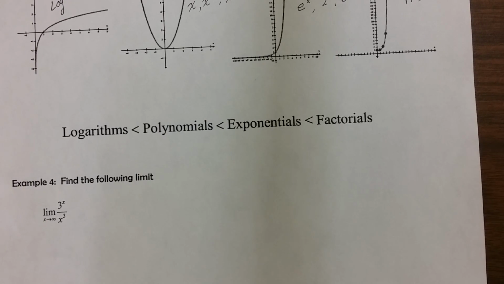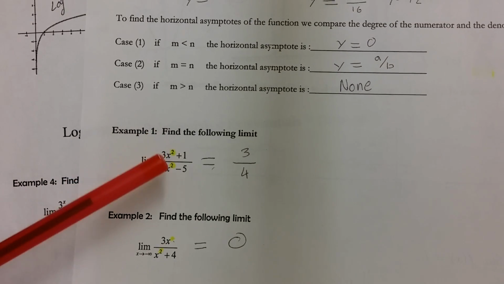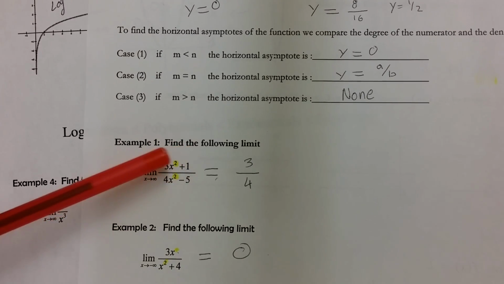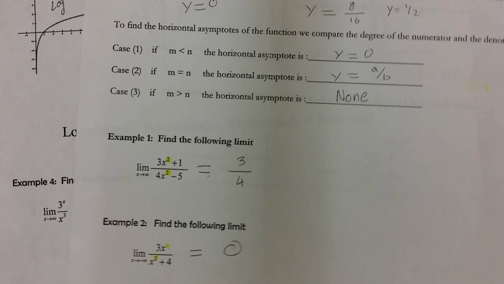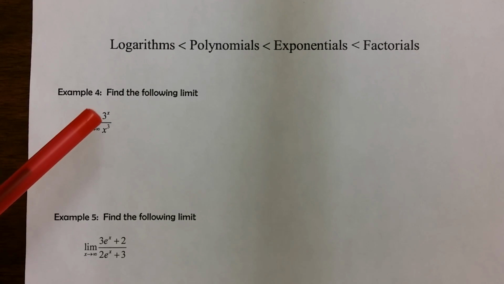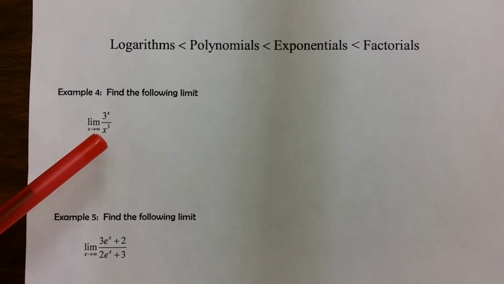On the previous page, I showed you how to find the limit as x approaches infinity when we have rational functions. In other words, top is a polynomial, bottom is a polynomial. In our case now, top is not a polynomial. The bottom is a polynomial.